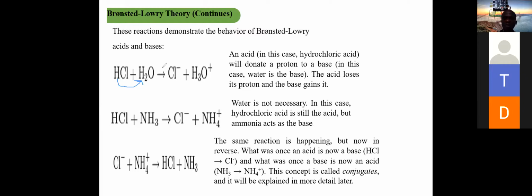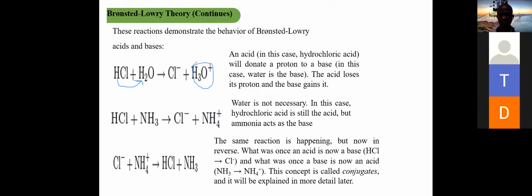Once it leaves, you'll be left with Cl minus. And because it has added a proton to water, which was originally neutral, water now becomes H3O plus. That's what we call the hydronium ion. Because HCl has donated a proton to water, HCl is a Bronsted-Lowry acid. And because water has accepted a proton, water becomes a Bronsted-Lowry base.